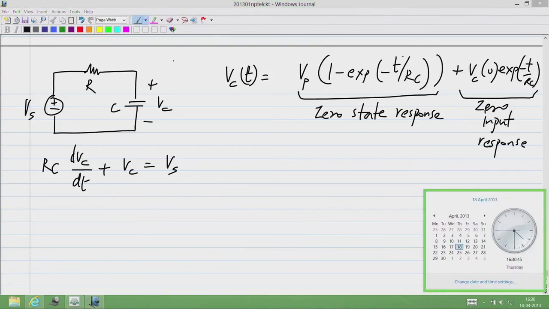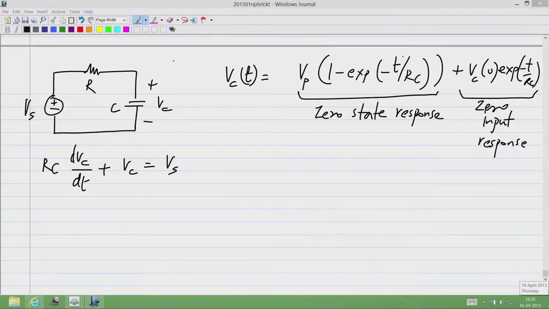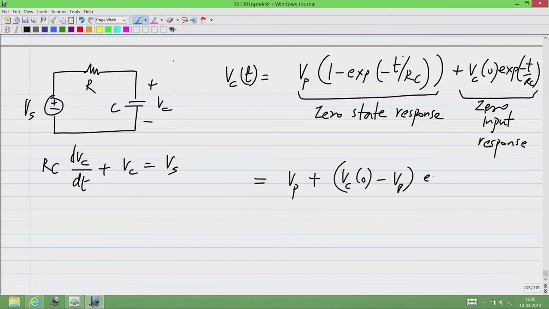And this can also be rewritten as Vp plus (Vc of 0 minus Vp) exponential of minus t by RC. This is specifically for a step input or a constant input. When I say a step, it is really a piecewise constant input.